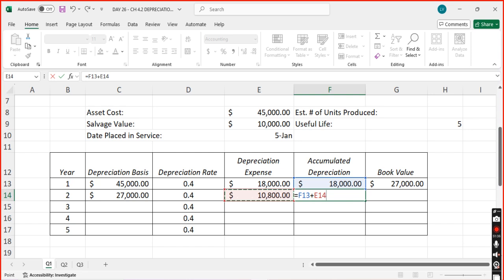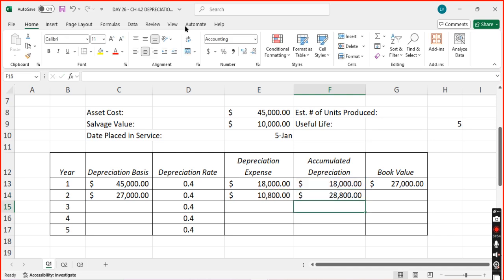Okay, so 10,800 plus 18,000 is 28,800. So therefore, what is your book value going to be?